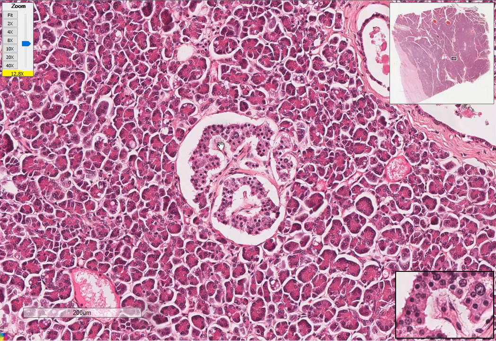The alpha secretes glucagon, the beta secretes insulin, and the delta secretes, I hope, somatostatin. You need to check that, but I think it's somatostatin.